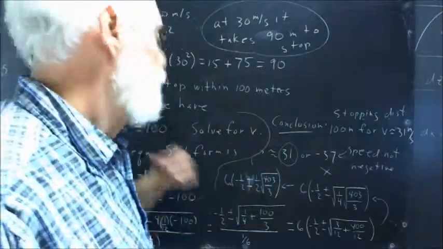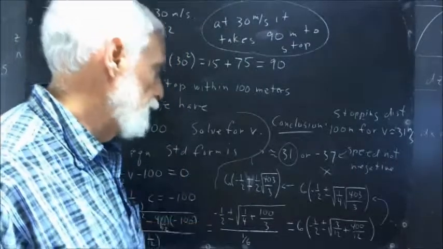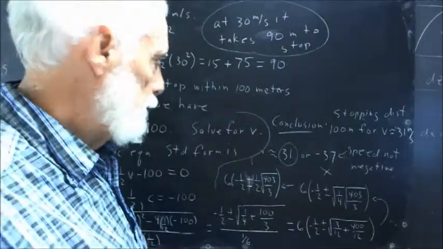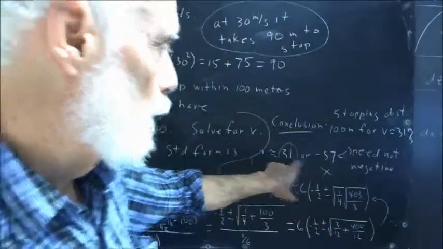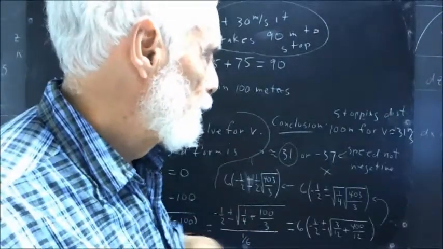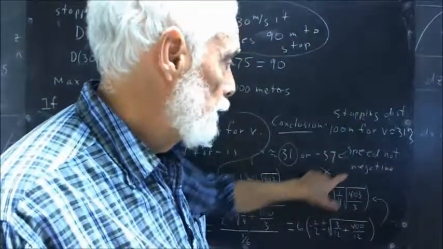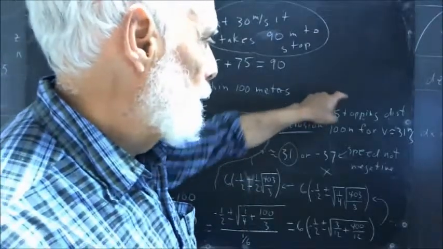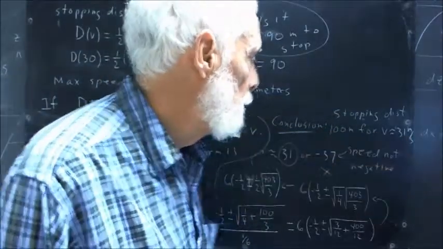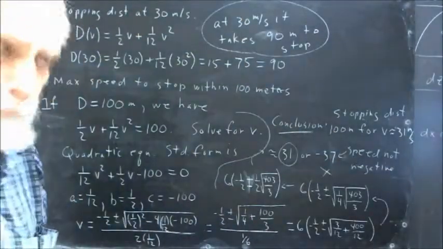Half of that's going to be 6 or a little less than 6. Using that arithmetic, we can do the 1/2 and so forth, but I believe we get 31 or negative 37. We reject negative 37. Speed can't be negative. Our conclusion is that the maximum speed is about 31 meters per second.